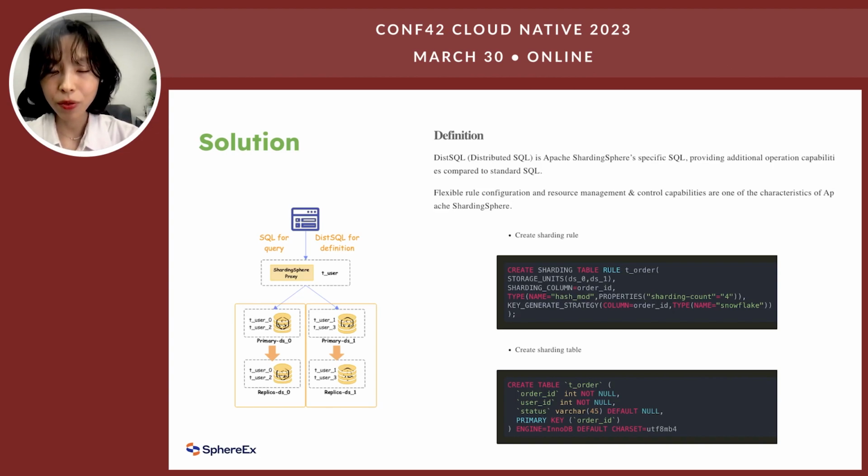All the subtables are located in different PostgreSQL instances. But your application just visits the Sharding Sphere proxy and thinks there's only one logic table named t_user. But actually this t_user consists of 4 subtables in 2 PostgreSQL instances.